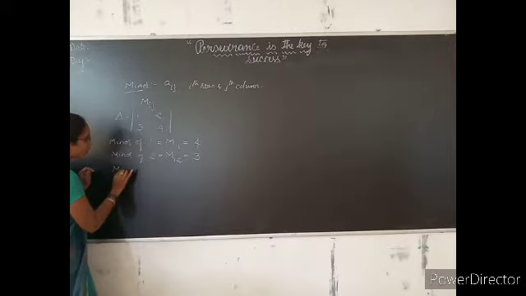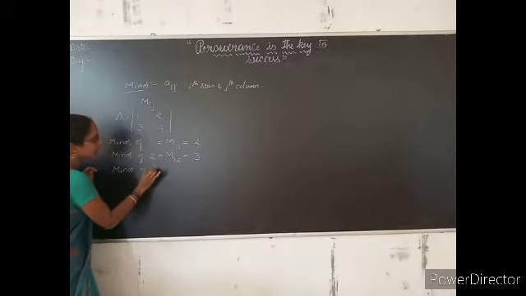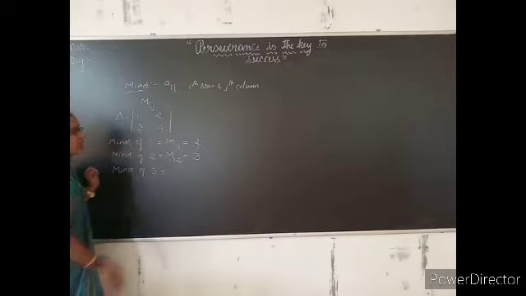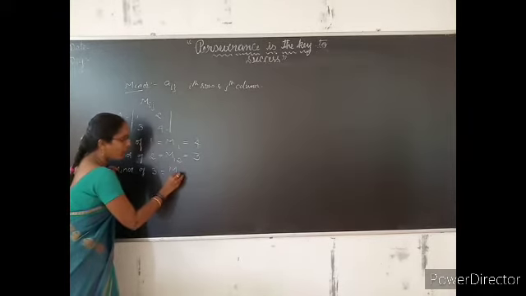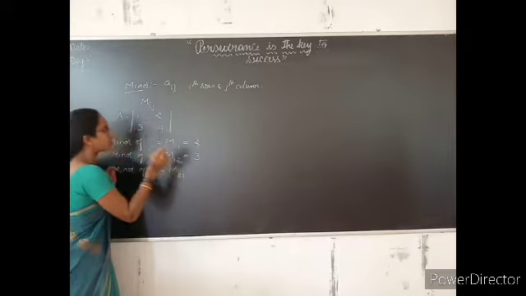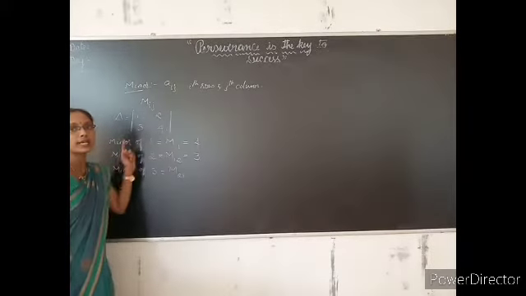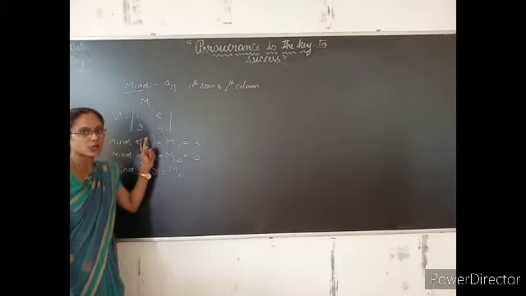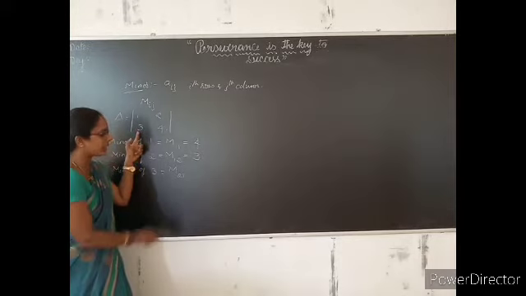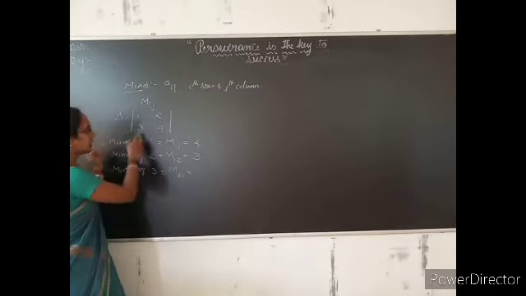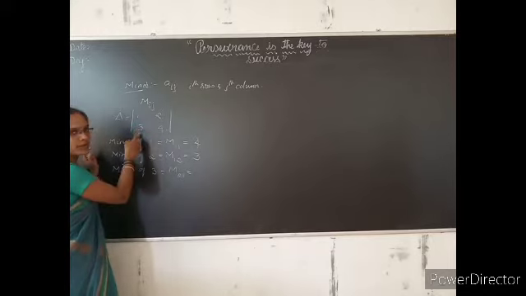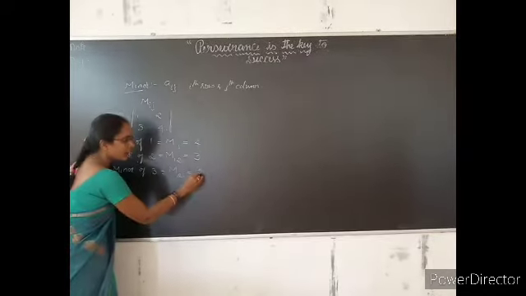Next, the minor of the element 3 is denoted by M21 because the element 3 lies in the second row, first column. Deleting the second row and first column, you get the element 2.